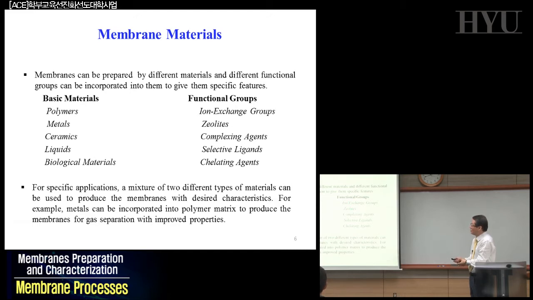But the polymers are different from metals and ceramics in terms of the composition of your organic atoms or metallic atoms or ceramic inorganic atoms, and also the crystallinity. Okay? The crystallinity is almost close to 100% for metals and ceramics, whereas the polymers are mainly semi-crystalline material.